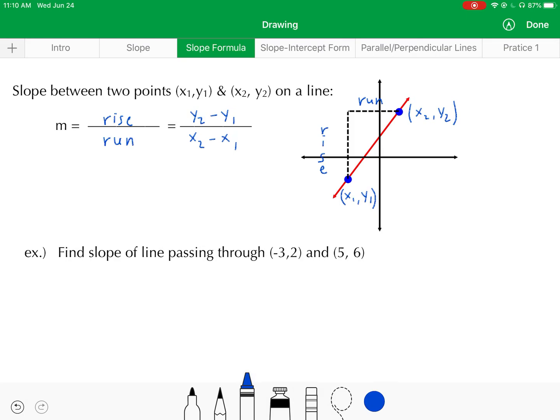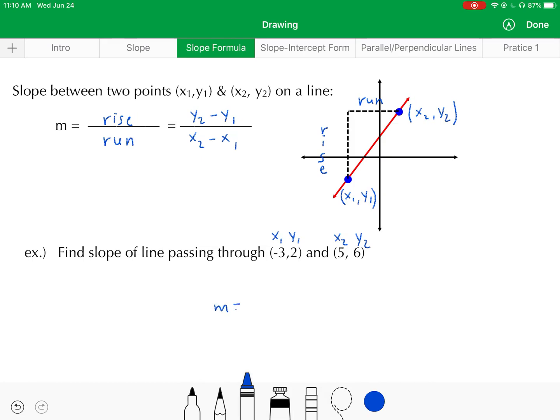Now let's use it to find the slope of the line that passes through (-3, 2) and (5, 6). Okay, I'm going to designate the first point as x1, y1. The second point is x2, y2. All right. Doesn't matter which one you designate as which set of coordinates there. Should work out the same either way.